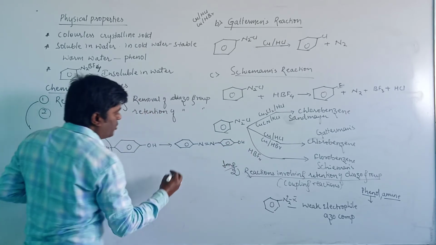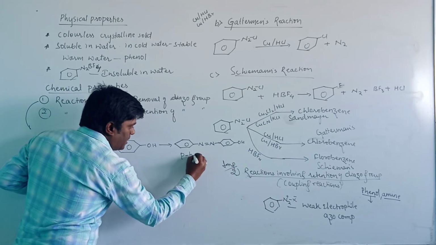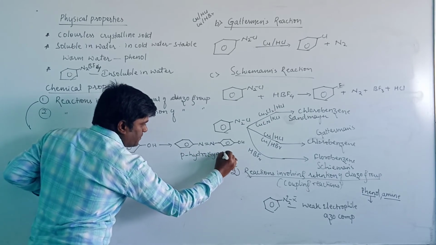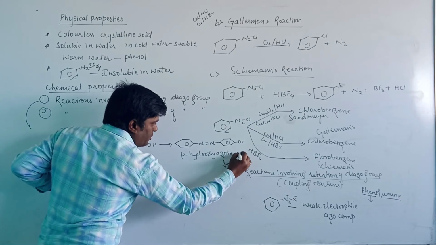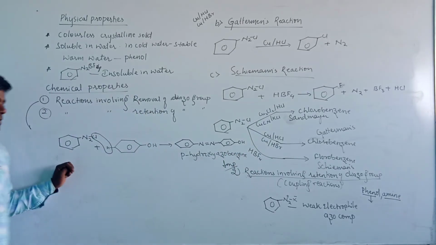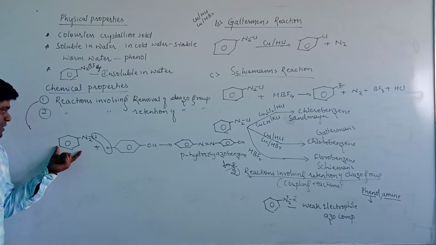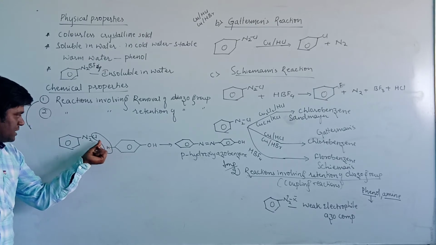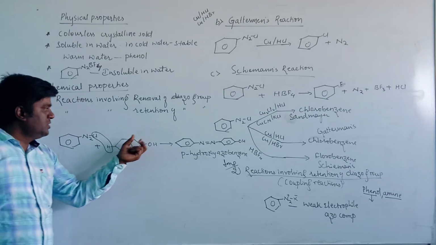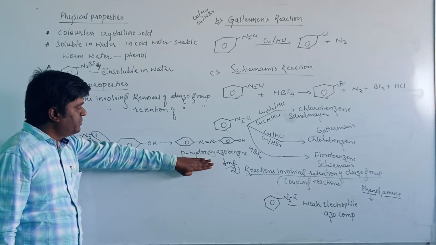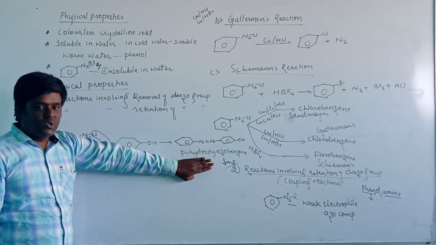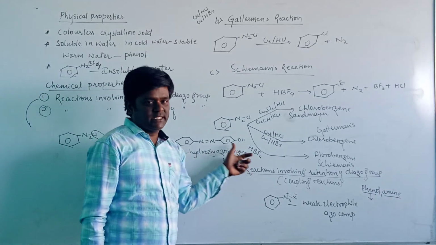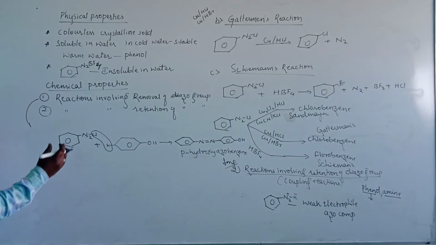The name for this compound is para-hydroxy azobenzene. The hydrogen combines with chlorine to form hydrochloric acid, and the main product is the azo compound, para-hydroxy azobenzene. Let us carry out the reaction with an amine.